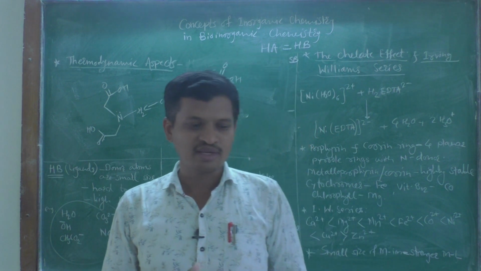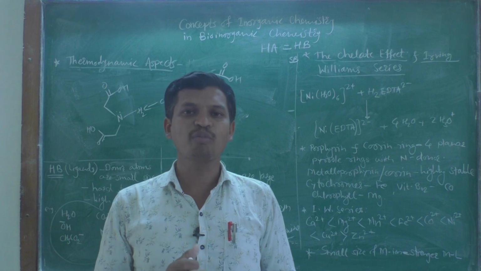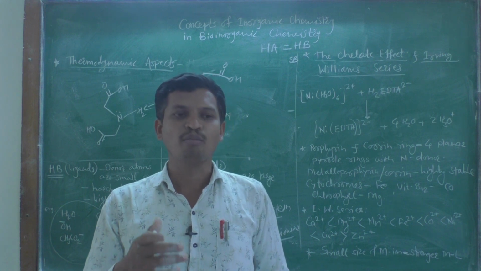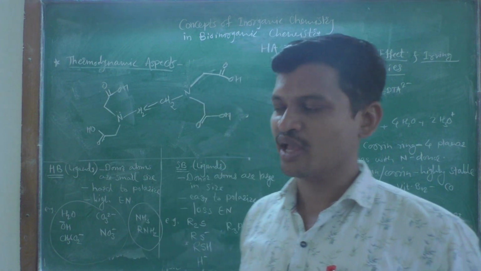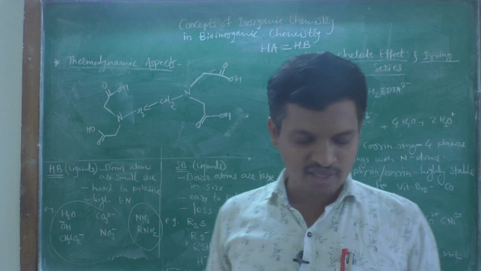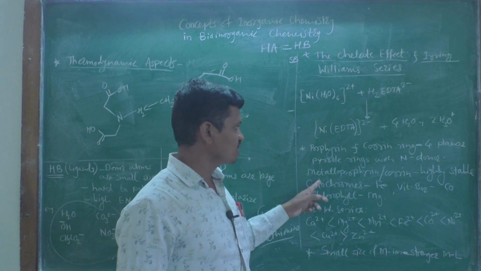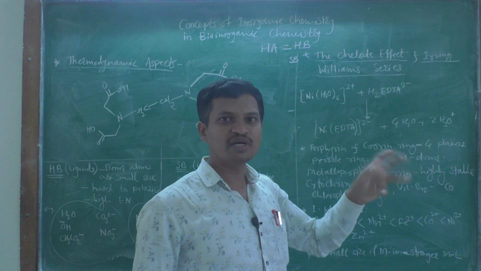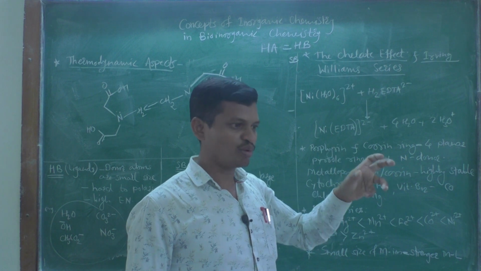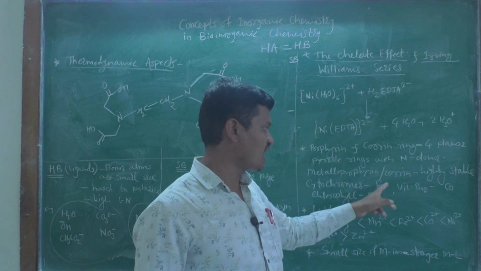Due to this, different combinations of metalloporphyrins and metallochlorins are possible. For example, in cytochromes the central metal ion present in the metalloporphyrin is iron.